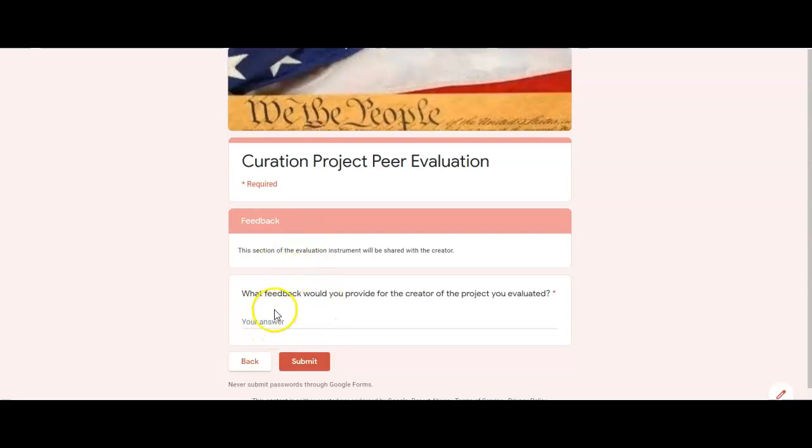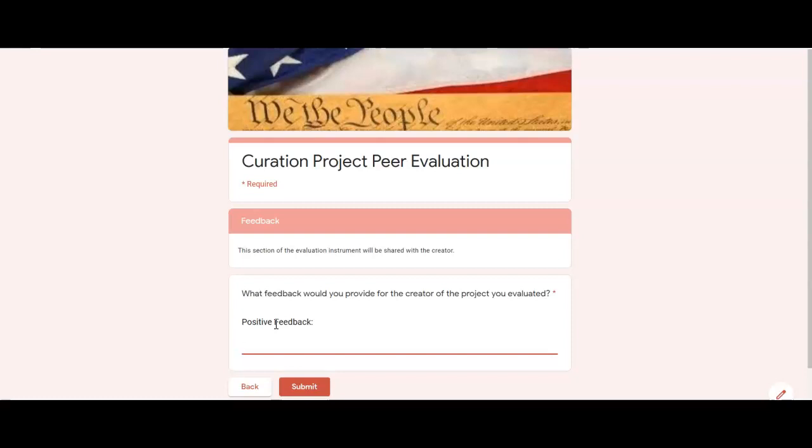But the feedback section is where you can give that student some feedback on what they created. And I encourage you to include some positive feedback. What did they do well? What did you enjoy? What type of resources did they use? Was there something creative? And then also some constructive feedback.